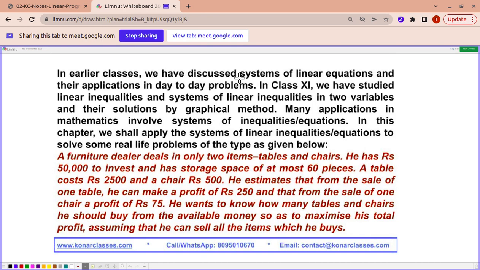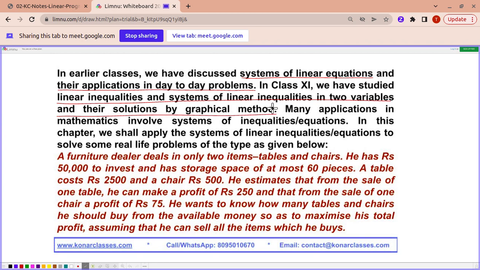You know what a system of linear equations is, and we have also solved problems related to the application of linear equations in day-to-day problems. Last year, when we were in class 11, we studied linear inequalities and system of linear inequalities in two variables and their solution by graphical method.